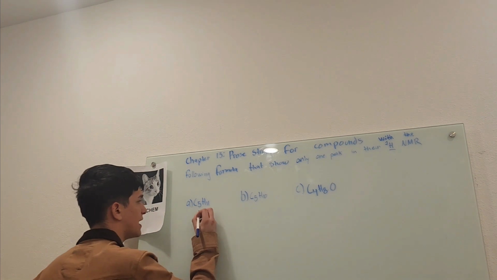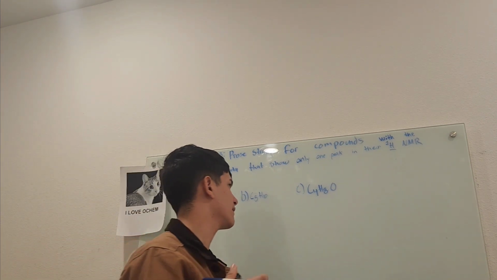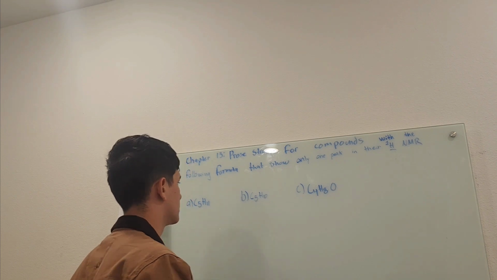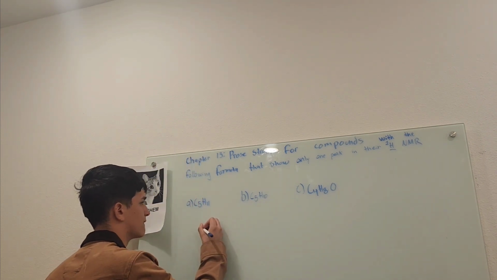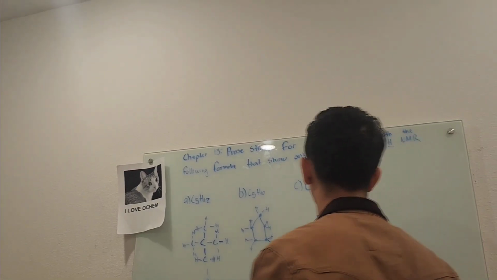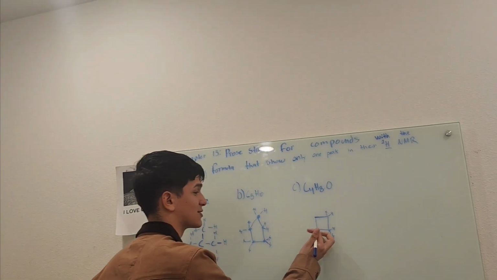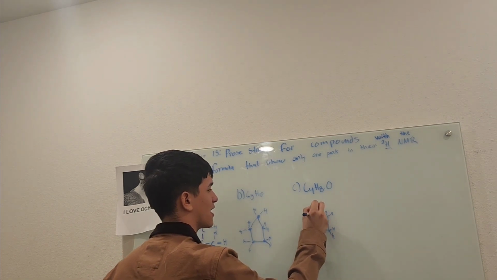So C5H11. Whenever a carbon 5 is proposed, there's something I like to do. I don't think this is H11. This one is a really tricky one, right? You try that, and if you pull this, that's not going to work.